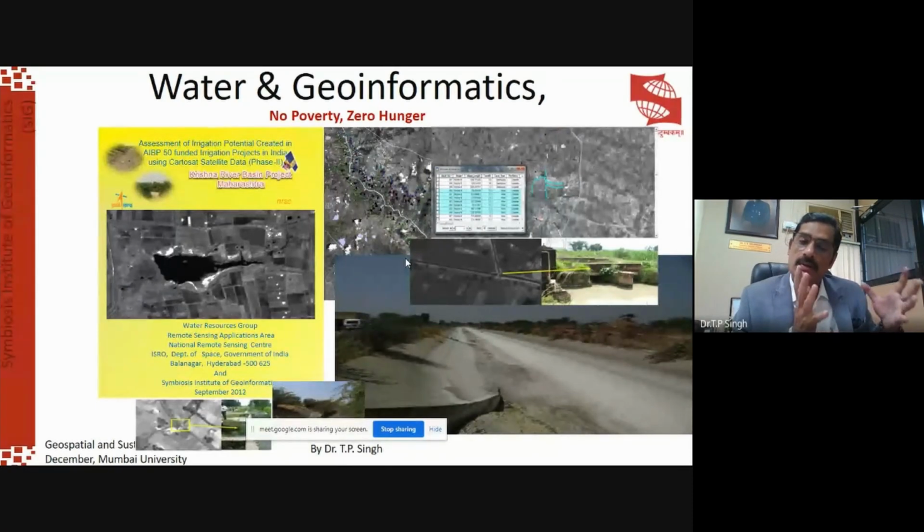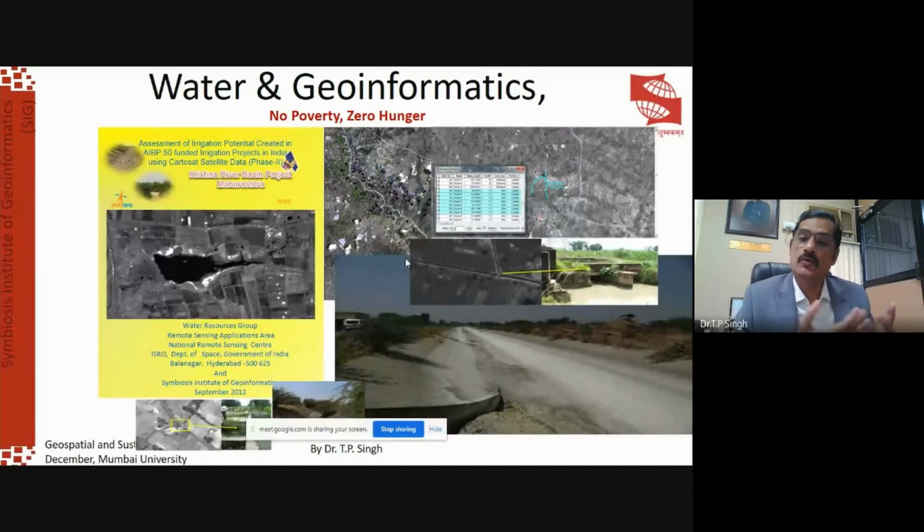Geospatial technology plays an important role in understanding whether what has been sanctioned and implemented has actually been done on the ground: how many canals have been constructed, whether in full length or half length, and whether water is regulated there or not. That information we can extract from high resolution satellite data.